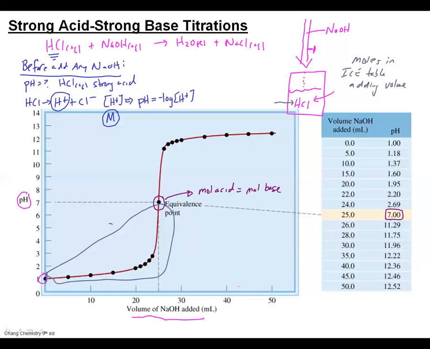That is because when we look at this curve, as we approach the equivalence point, and even as we go past it a little bit, what we see happen is a basically vertical rise.